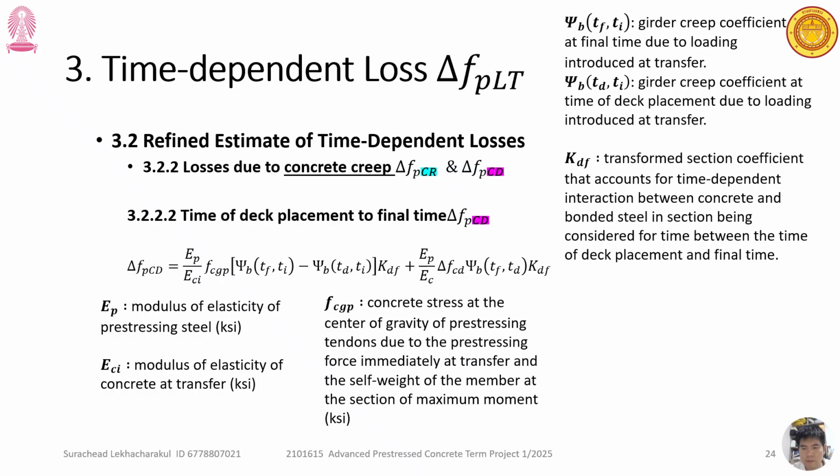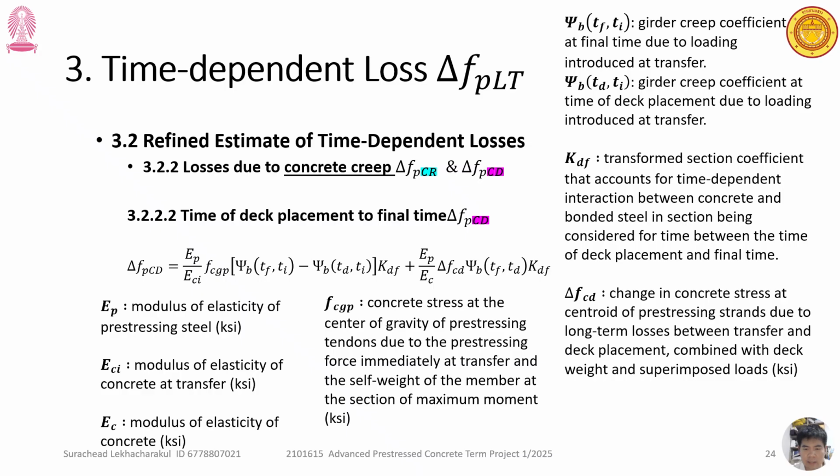You will see the difference of the time. It has a meaning. Delta FCD is the change in concrete stress at the centroid of prestressing strand due to the long-term loss between transfer and deck placement.